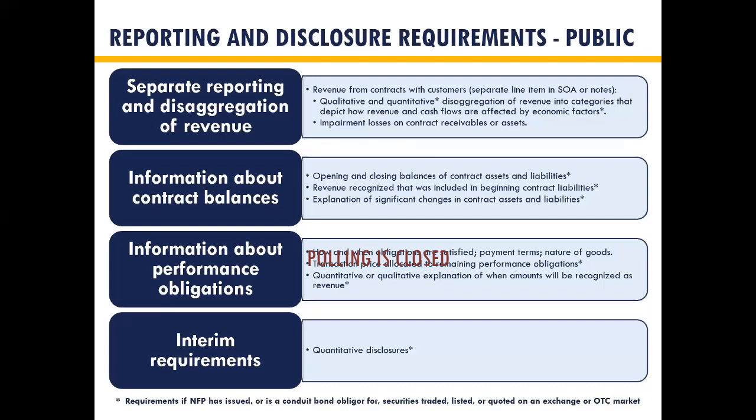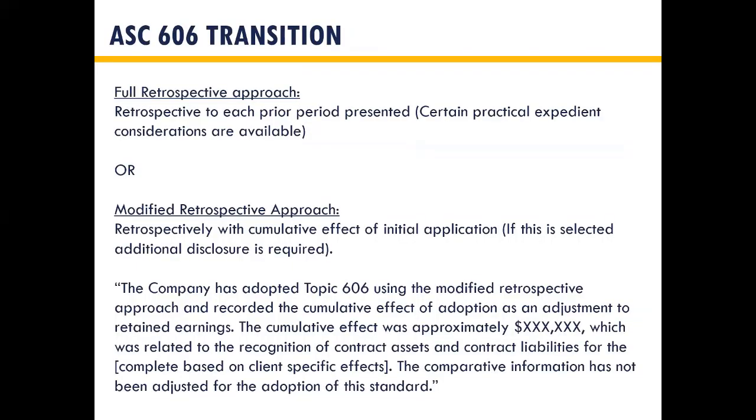More reporting and disclosure requirements. These are the requirements for public entities. I won't go into the details of those. Just know that if you're public or have public conduit debt, there's extra stuff you have to disclose. So as far as transition goes, there's 2 options that you can select here.